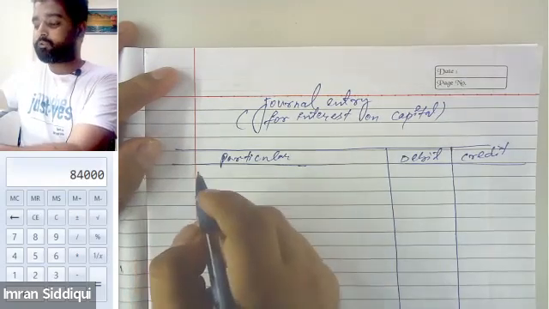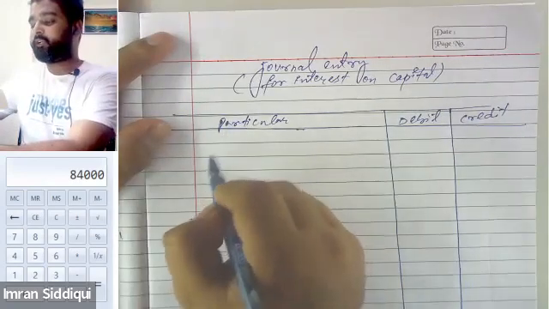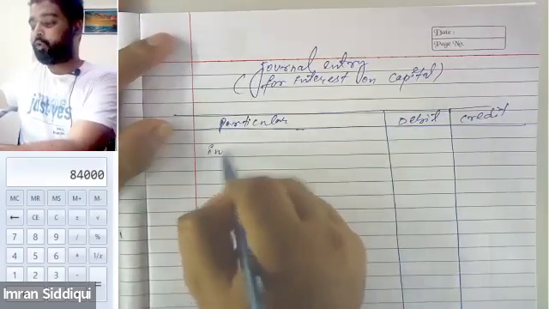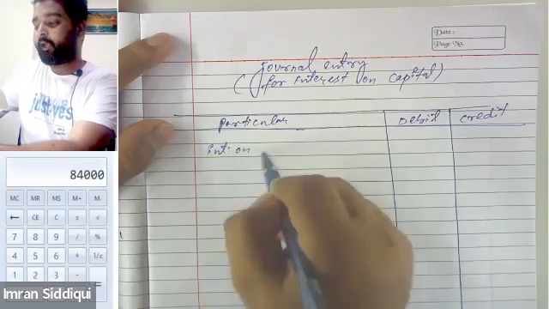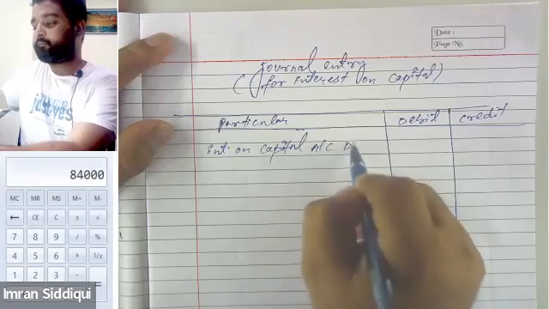So the first general entry will be when the interest is due. So when interest gets due, the general entry will be interest on capital account debit.